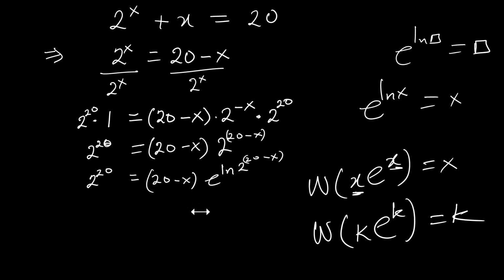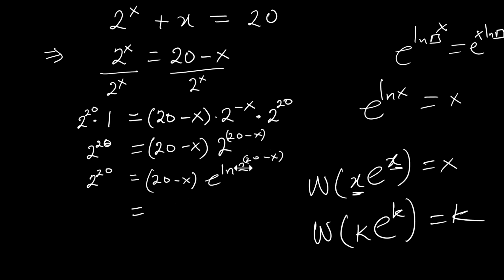Now let's apply something here. In case we're given something like e raised to ln of, let's say, box raised to x, it is the same as e raised to x ln of the box. So we can adjust this one.